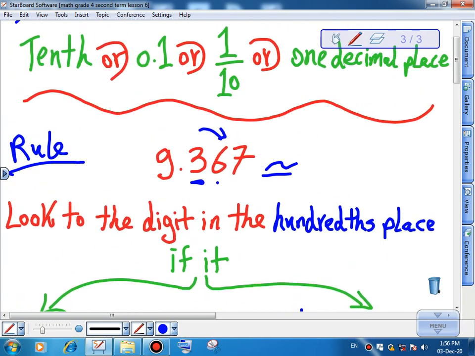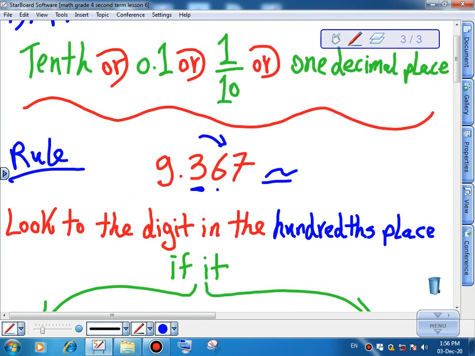If I need to approximate this number to the nearest tenth, not to the nearest unit, the nearest unit would equal 9. No, I need to approximate to the nearest tenth. I need to get only 1 digit in the decimal part. I don't need all these digits. Okay, so we look to the hundredth place, which is 6.